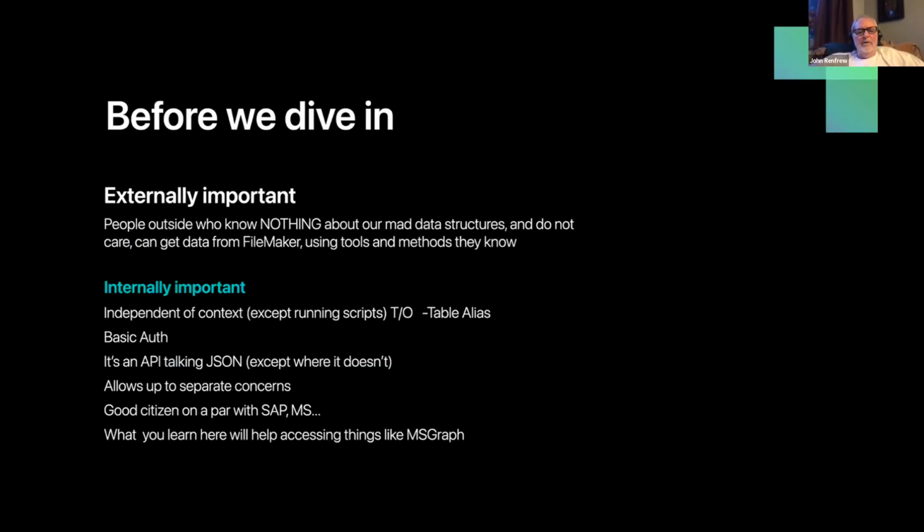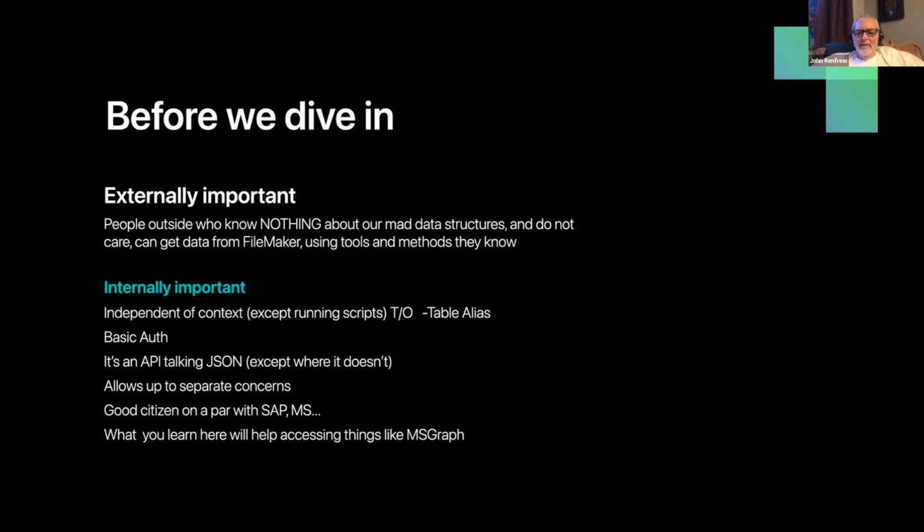The other reason that OData is important is actually nothing to do with FileMaker. It's the fact that OData is an external standard, and it means that people from the outside of our world who know about how to write OData type queries, whether that's web developers or people who are using Power BI, Qlik, those kind of things, can talk to our server in a way that is standard.